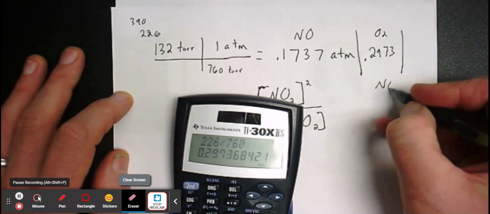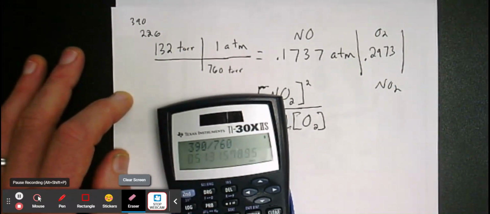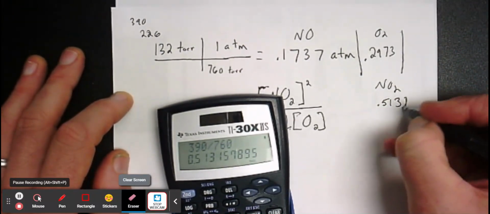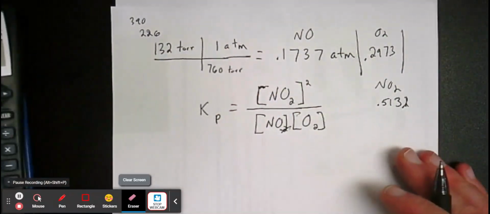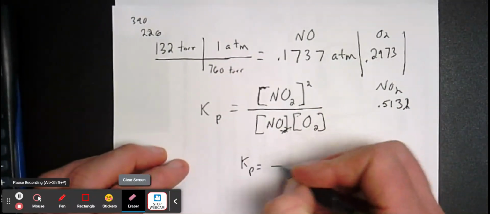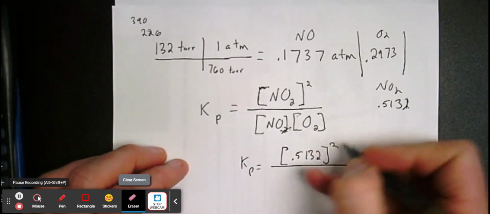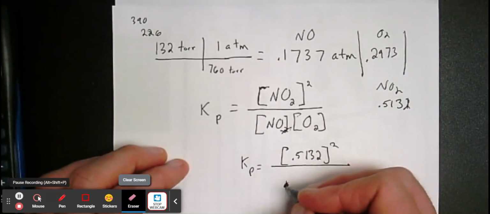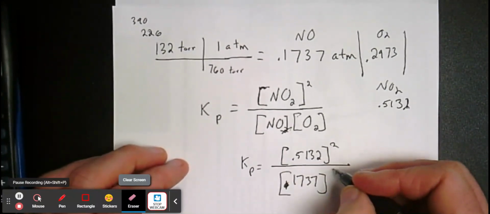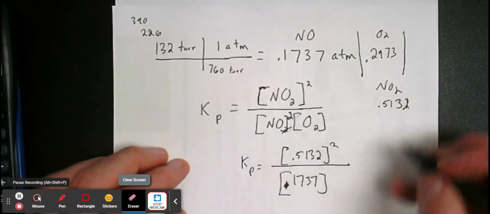And the last one, NO2, 390 divided by 760, that partial pressure is 0.5132. Now I plug these into this, so Kp equals... oh yeah, I forgot the squared there in the expression.